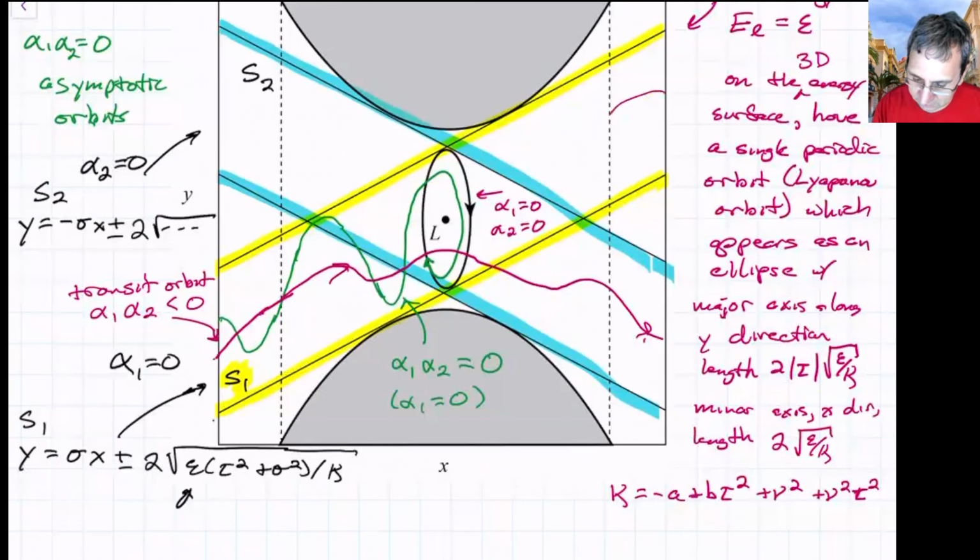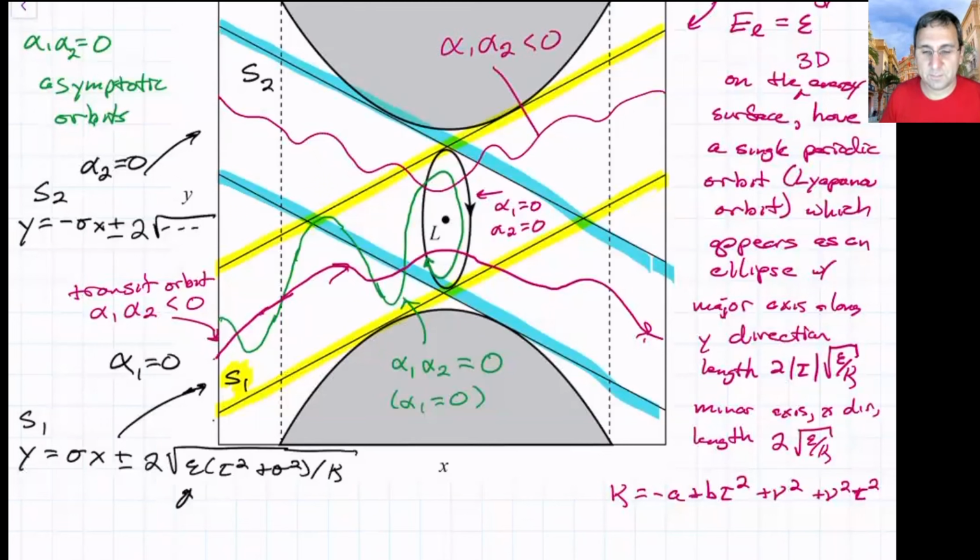You could also have things going from, say, the right side to the left side. It's another transit orbit. Alpha 1 times alpha 2 less than 0. The other category are non-transits. So you have non-transit orbits. They have alpha 1 times alpha 2 greater than 0.